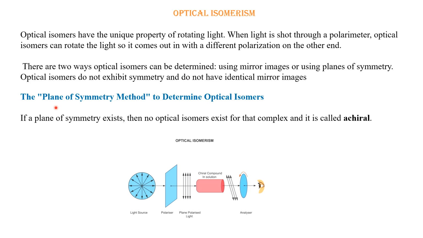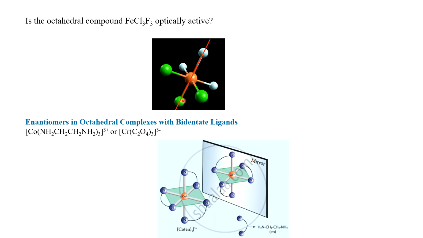Another method is the plane of symmetry method, where if the compound has a plane of symmetry, then it will be optically inactive, and if there is no plane of symmetry, then it is optically active. So this is the easy way to find out whether a compound is optically active, by finding whether a plane of symmetry passes through the molecule or not.